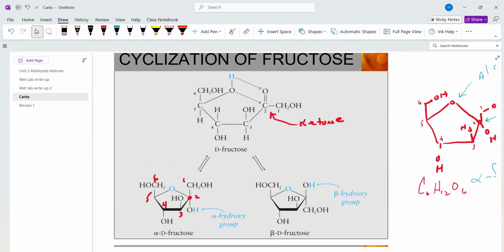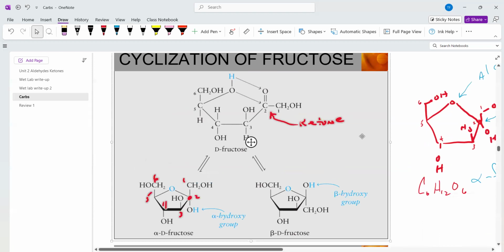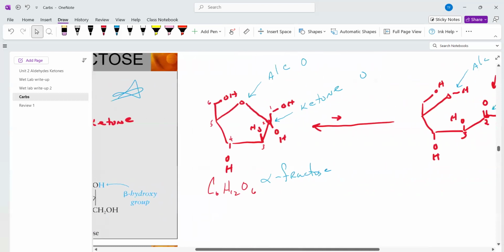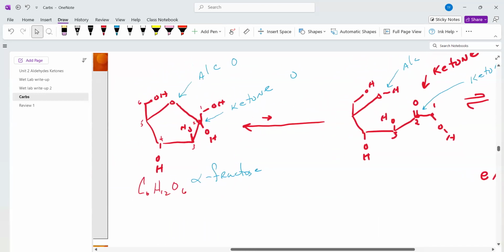And then once it opens up, it can fall back down to the more stable state of alpha or beta fructose. Now, in a minute, I'm going to talk about the reactions of these.